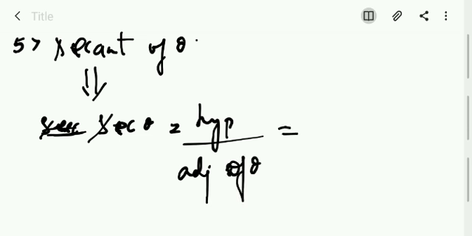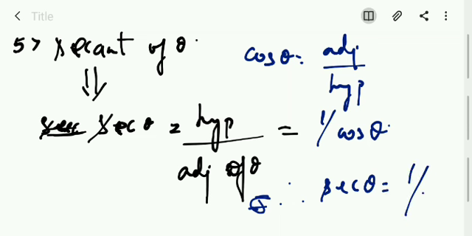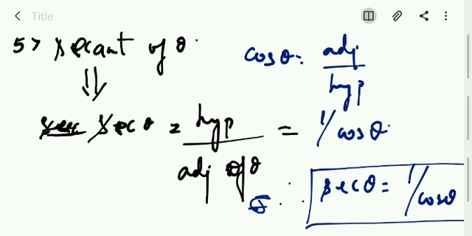Come on guys, I know you have already got the answer. What is the definition of cos theta now? Adjacent by hypotenuse. Now here it is ulta, which is nothing but 1 by cos theta. Simple. So therefore secant theta is nothing but 1 by cos theta. Very, very simple, isn't it?